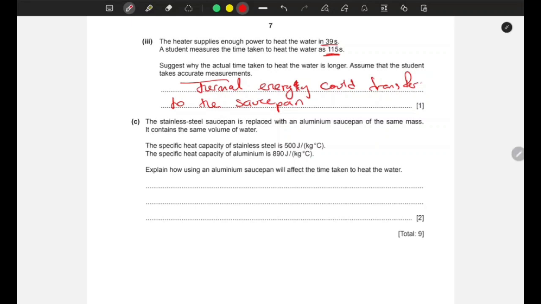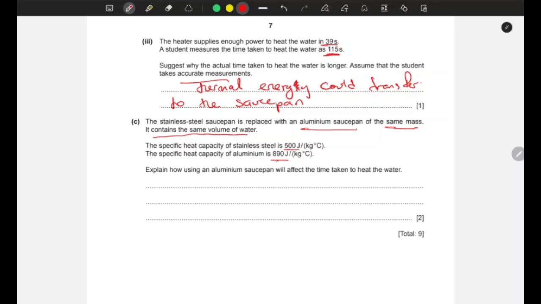The stainless steel saucepan is replaced with an aluminum saucepan of the same mass. It contains the same volume of water. Specific heat capacity of stainless steel is 500, but specific heat capacity of aluminum is 890. Explain how using the aluminum saucepan will affect the time taken to heat the water.